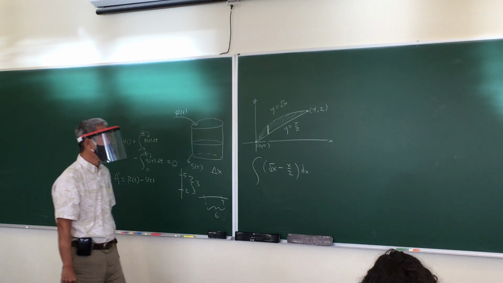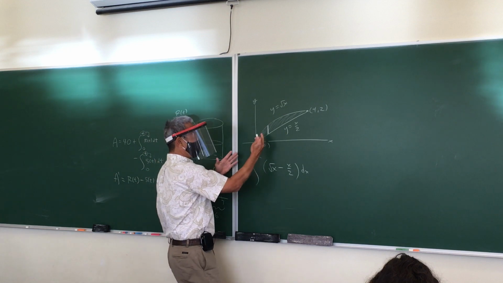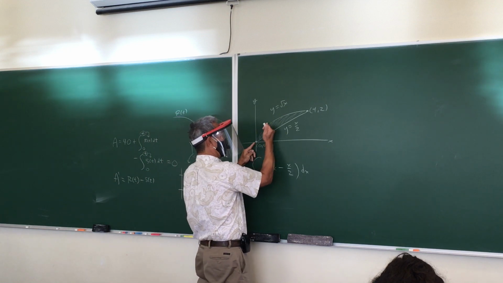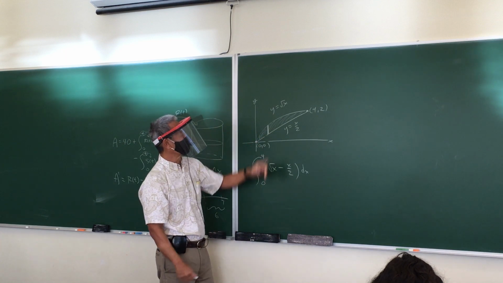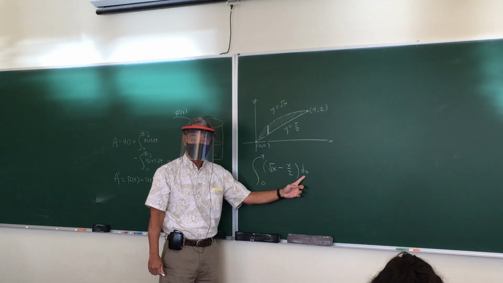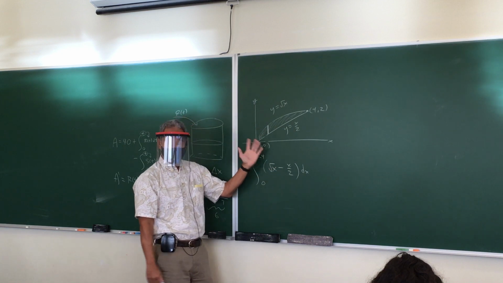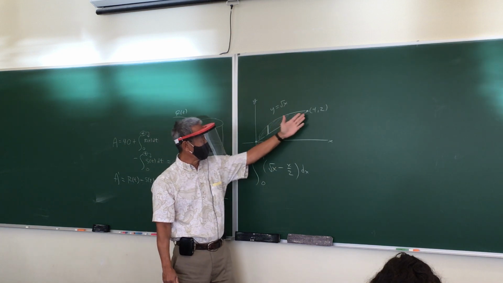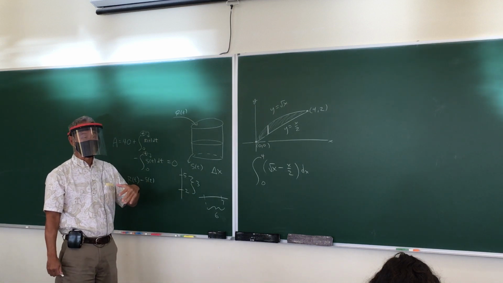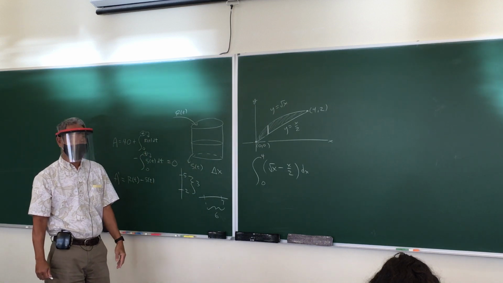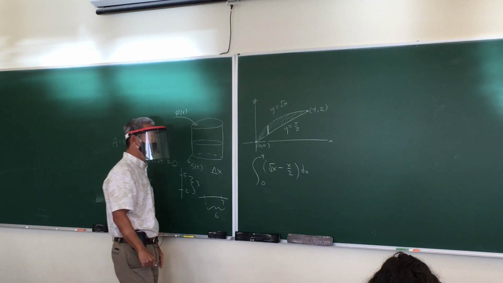So, again, I'm going to add up all of these rectangles from 0 to 4. How come not 0 to 2, Mr. Park? Because you're doing the integral in terms of x. So you go from the x coordinate here to the x coordinate there. And then, of course, the last step, computing the integral. This is easy.